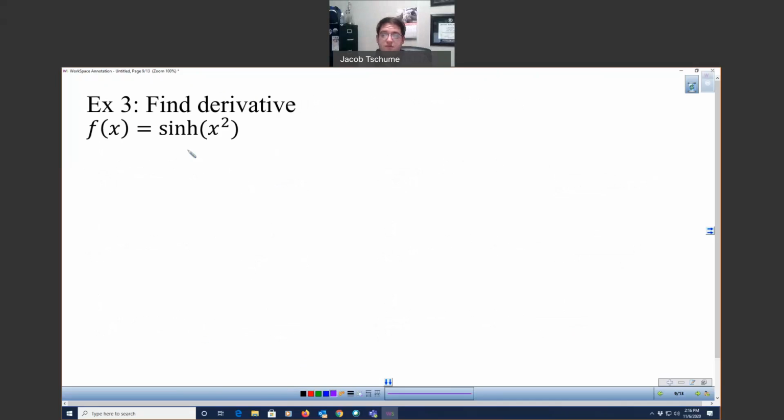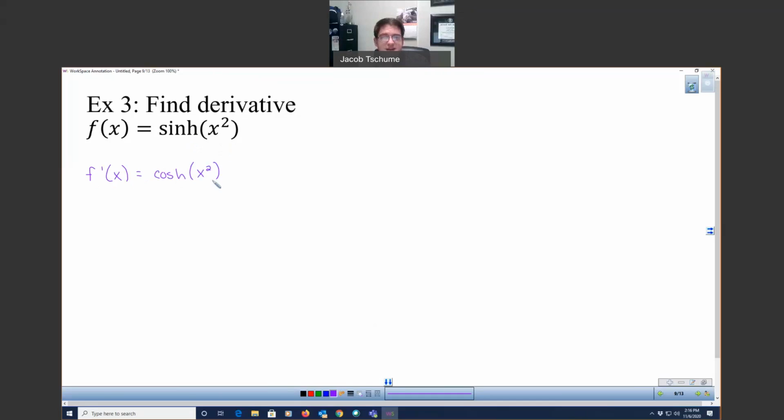So first off, you have to remember that this is actually going to be a chain rule just like it was in Calculus 1. So you have a trig function, even though it's hyperbolic, of something on the inside. When you take the derivative of this, the chain rule says you start with the outside function. The derivative of hyperbolic sine is hyperbolic cosine.